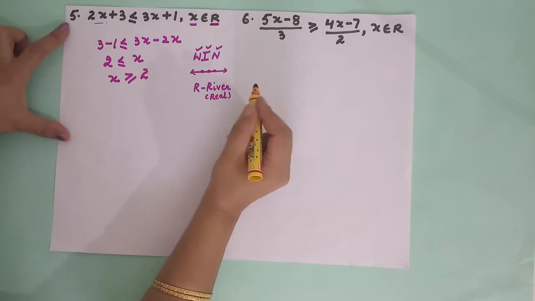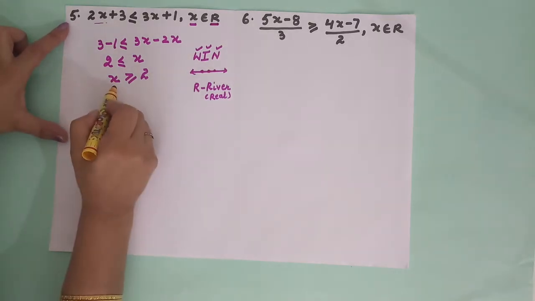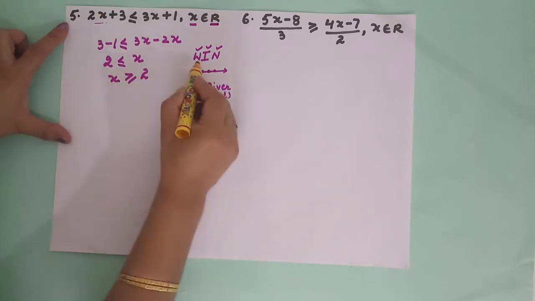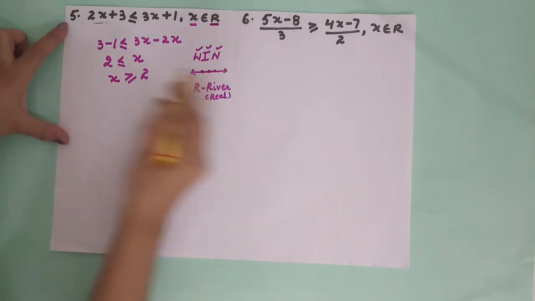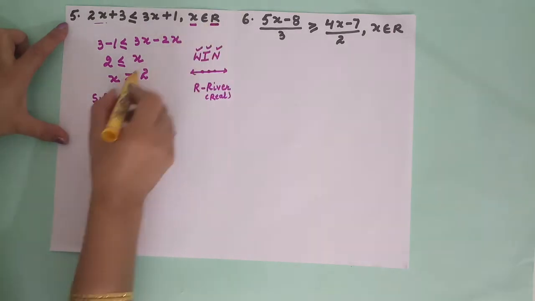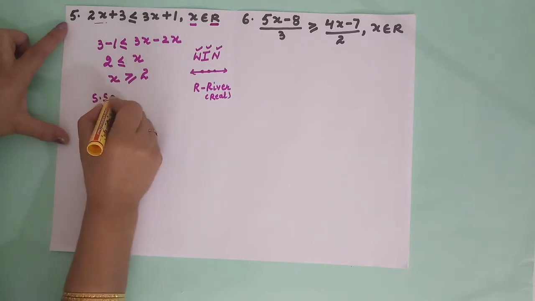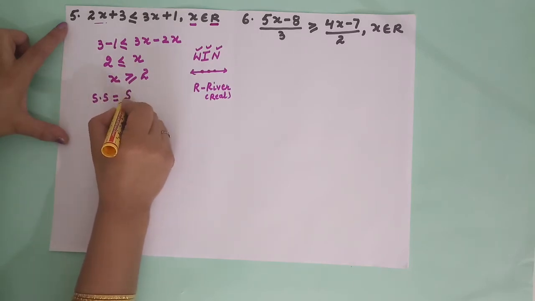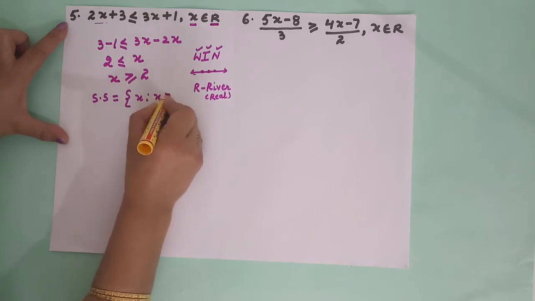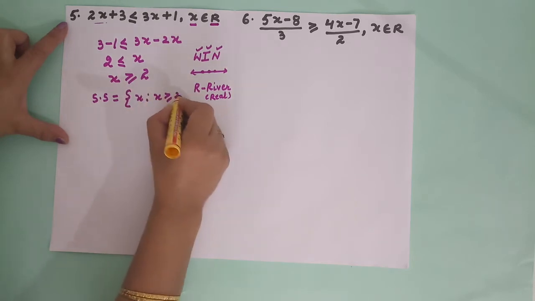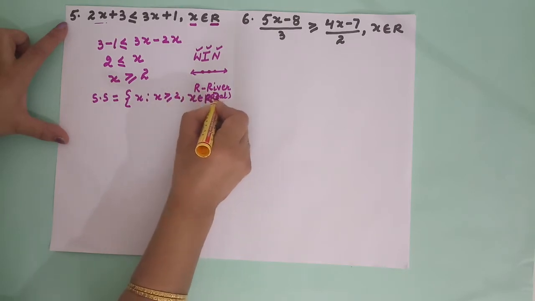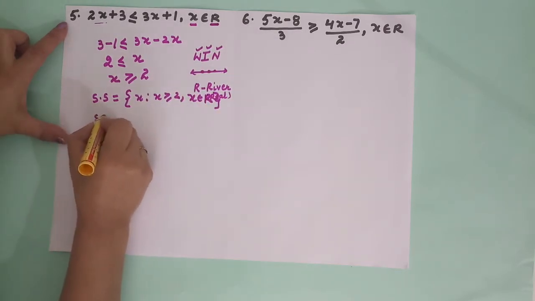Now, as I said, the solution set is also represented differently from how we represented it when we had W. What is the procedure? We always write the solution set for the real numbers in the set builder form. And what is that? x such that x is greater or equal to 2, comma, x belongs to R. Let me write it properly over here.